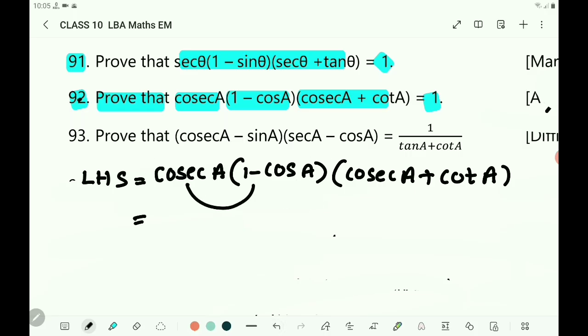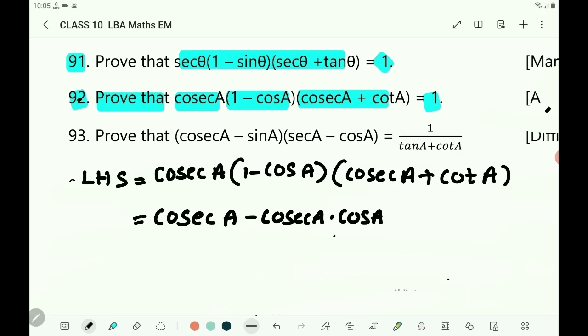So cosec A into 1 is cosec A, minus cosec A into cos A. Write this cosec A plus cot A as it is.